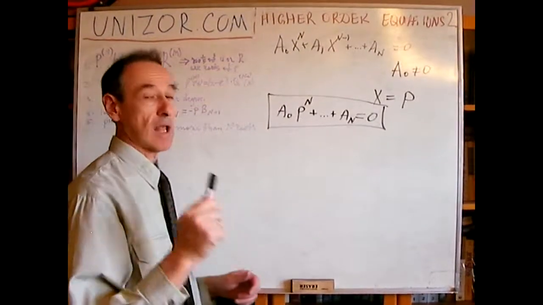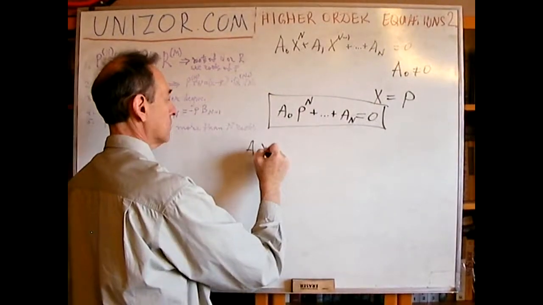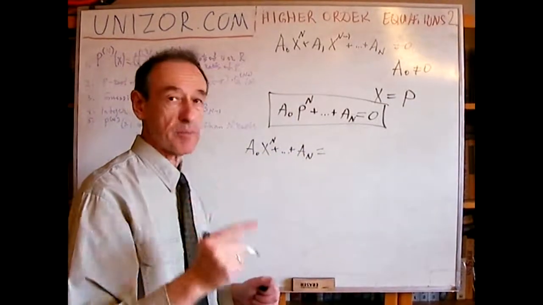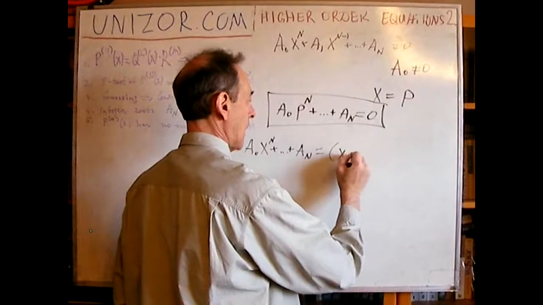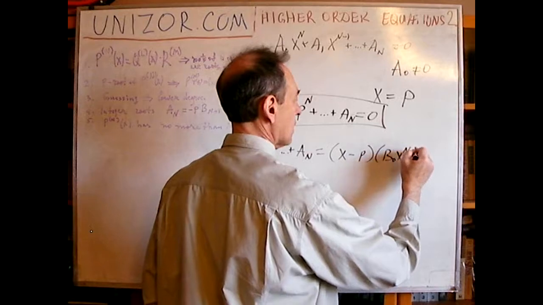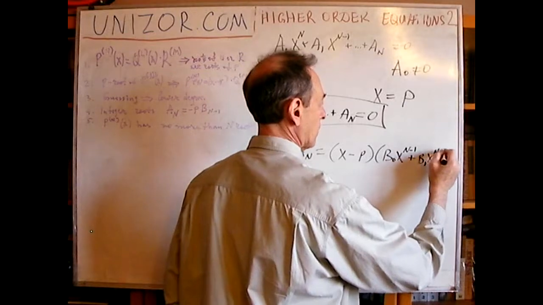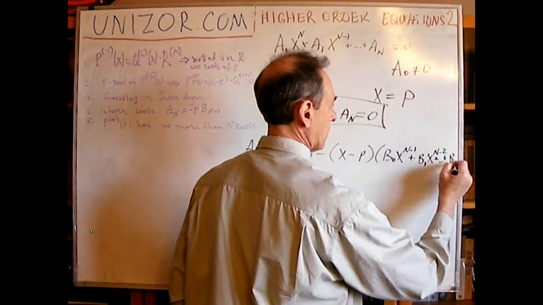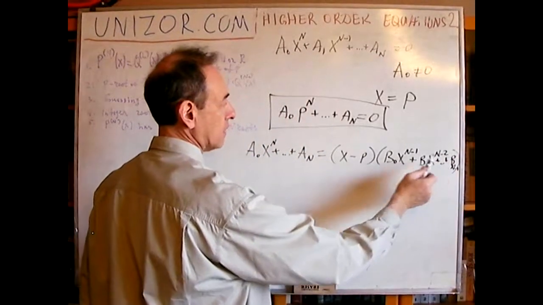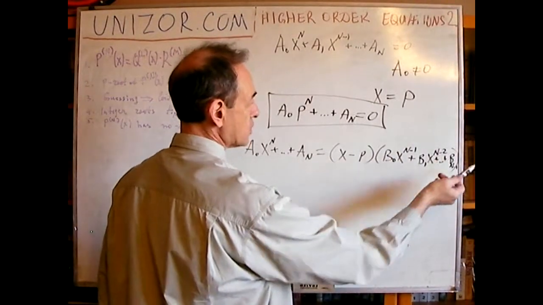Now, what I'm stating right now is the following, that the original polynomial can be represented as a product of x minus p times some kind of a polynomial of n minus 1th degree, from b0 to bn minus 1, and x to the power of n minus 1 down to x to the 0, which is a constant.